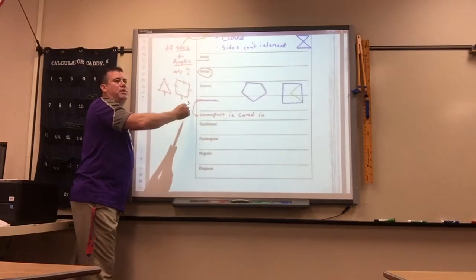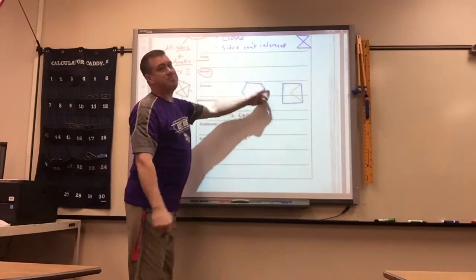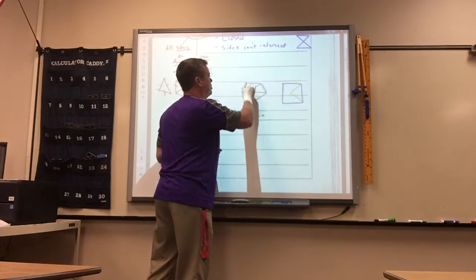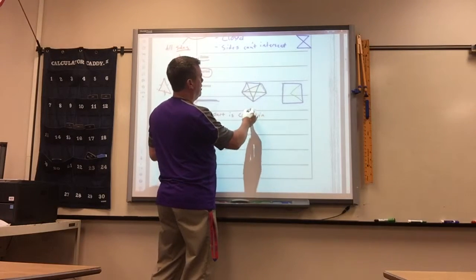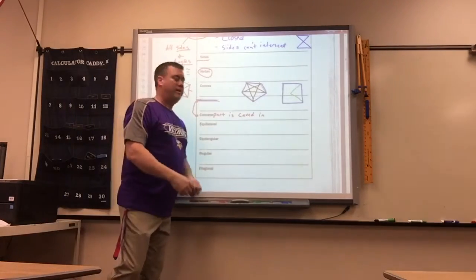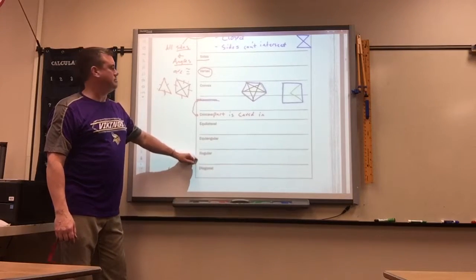In a quadrilateral, there's 2 diagonals. Here, this is a pentagon. There's 1, 2, 3, 4, 5. So a diagonal is just connecting one vertex to another vertex.